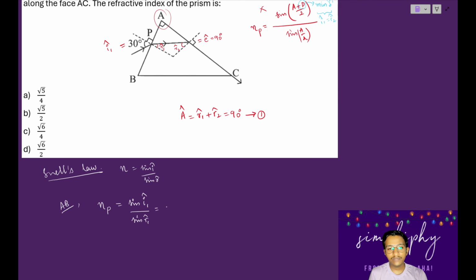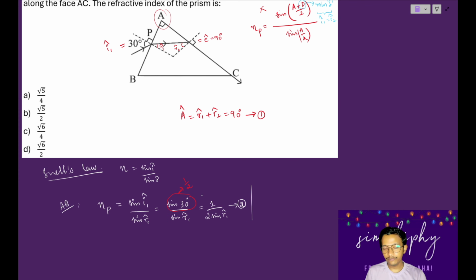The value of I1, from the given question, is 30 degrees, and I don't know the value of sine R1, so let me keep that as it is. I do know that sine 30 is 1 by 2, or half. Then this equation turns out to be NP equals 1 divided by 2 sine R1. Since I've already taken the first equation as 1, let me keep this as equation number 2.